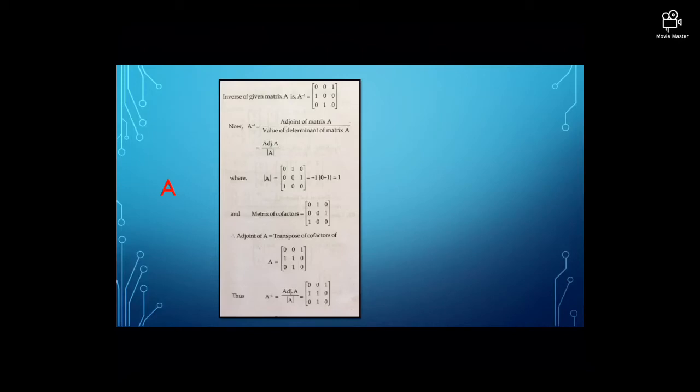Through the general way, by the formula, we can also find it as adjoint A by determinant A. Adjoint of A is the transpose of the cofactor matrix, which is given here, and A inverse is adjoint A by determinant A. So the answer will be [0, 0, 1; 1, 0, 0; 0, 1, 0].